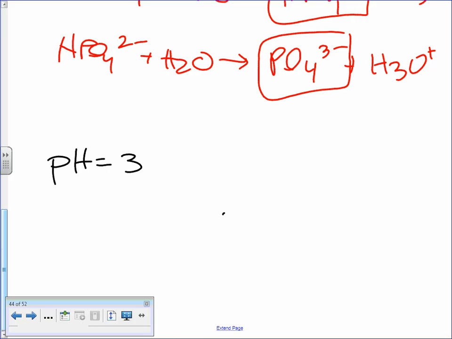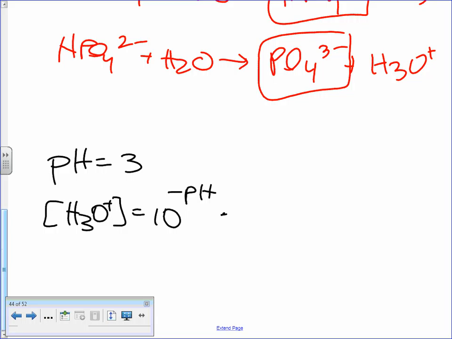We know pH is negative log. Or anti-log, right? Because if you know the pH, you're not finding pH. You already know it. So you do the other equation. Hydronium is equal to 10 caret negative pH, right?